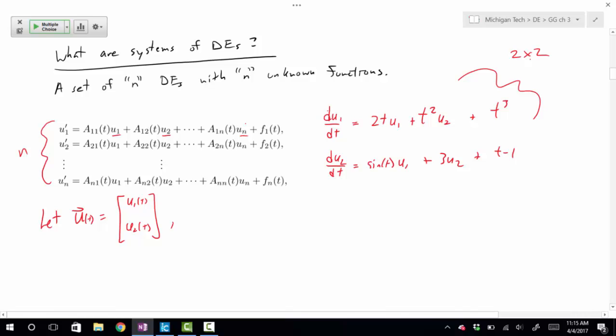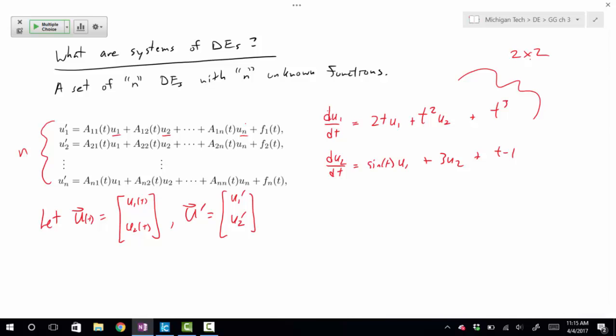And if that's u, what is u prime? What is the derivative of a vector valued function? How do I calculate that? Yes, absolutely. I get u1 prime and u2 prime. Whatever those functions are, this would be the derivative of those functions. Okay, setting up some notation here.